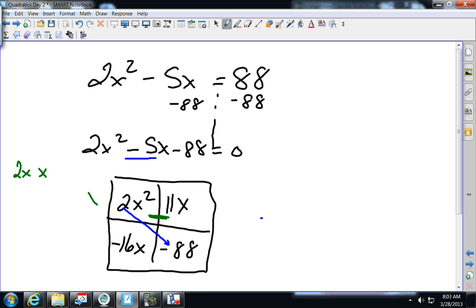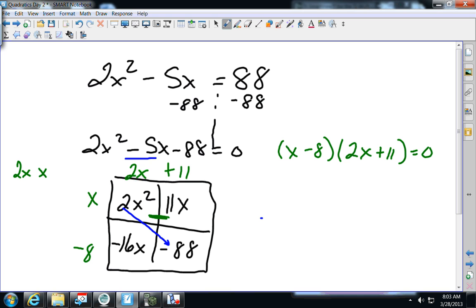No. So the x goes here. Well, out of these two boxes, does 2 go into both of those numbers? Yes, that's why the 2x goes here. X times what is 11x? Plus 11. 2 times what is negative 16? Negative 8. So my factors are x minus 8 times 2x plus 11.